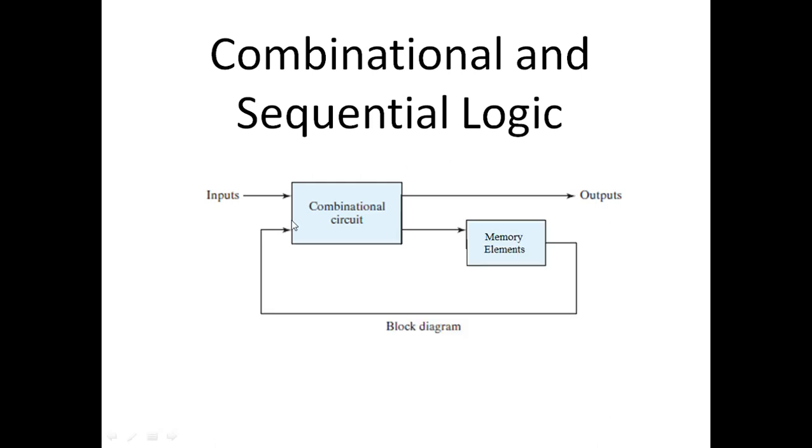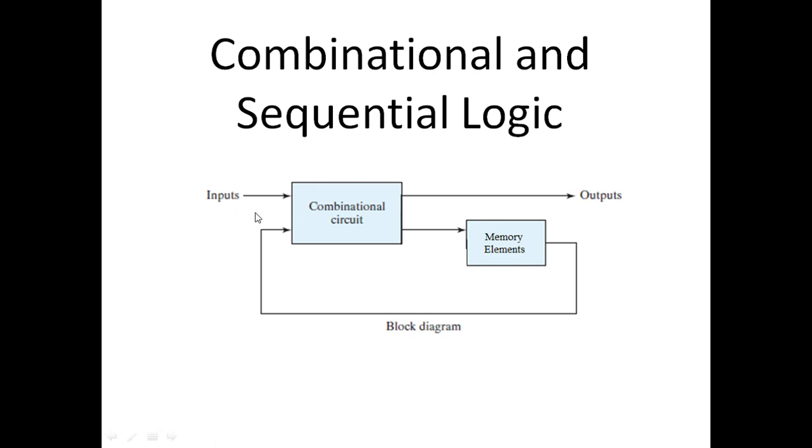If memory elements are added to this combinational circuit, and these memory elements store the output that is produced at a specific time, this stored output is used as an input next time when an input is given. Then the output that is produced is not only a function of the current input but also the output that was produced before and stored in the memory element.